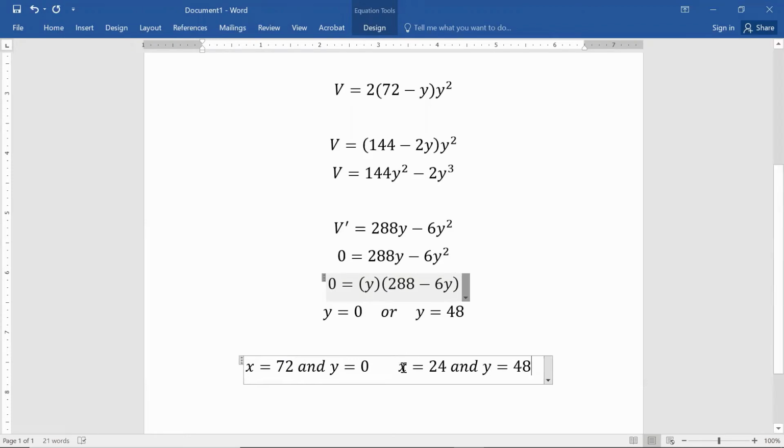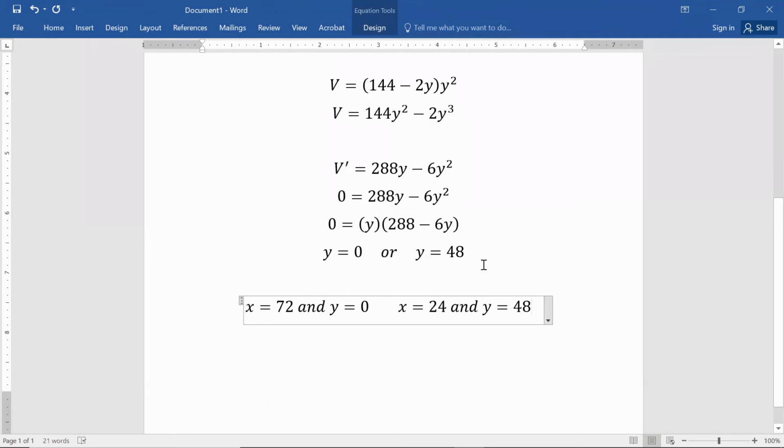One of these pairs should give a maximum. I know, by the way, it gives a maximum because of the way this looks. I could also utilize the second derivative. The second derivative here of V would equal 288 minus 12y.